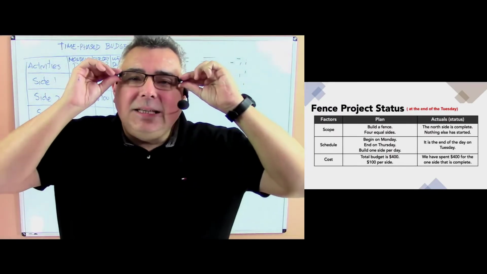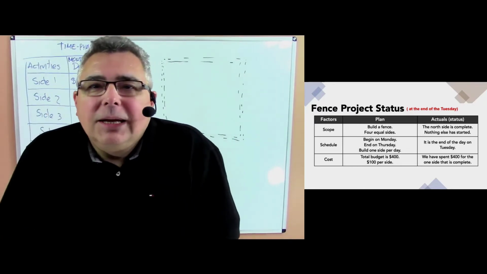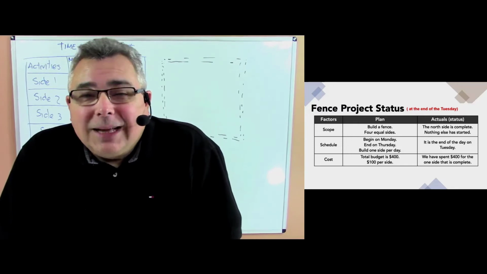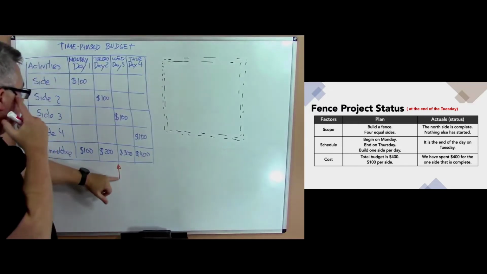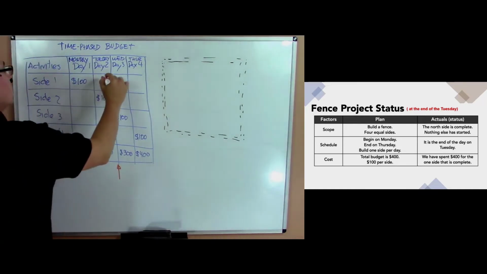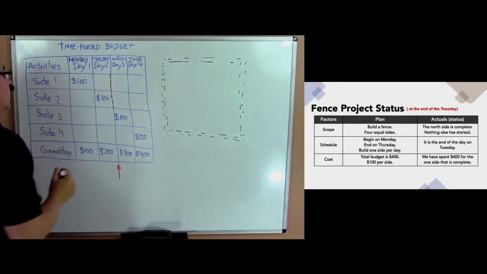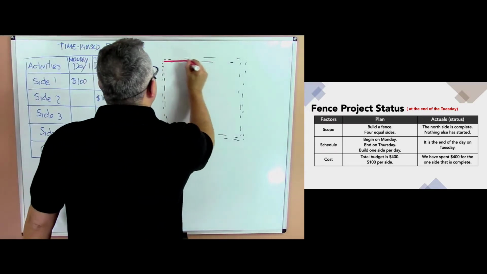What does it mean? What do you think, project managers, about that report, that data that you collect from the field? You are supposed to conclude two sides, and you concluded one side.